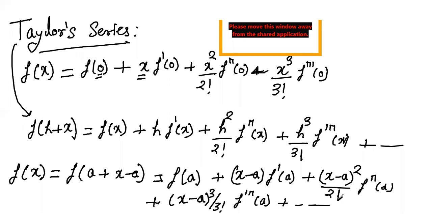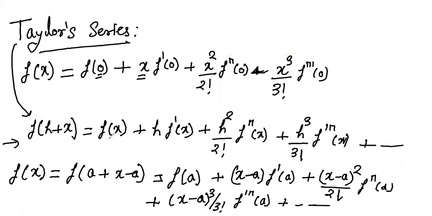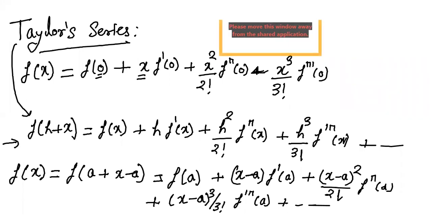Hope this is clear to everybody. Here we can also write f of h plus x f dash h plus x square upon 2 f double dash h. It depends how we have to expand our series. Any doubt?